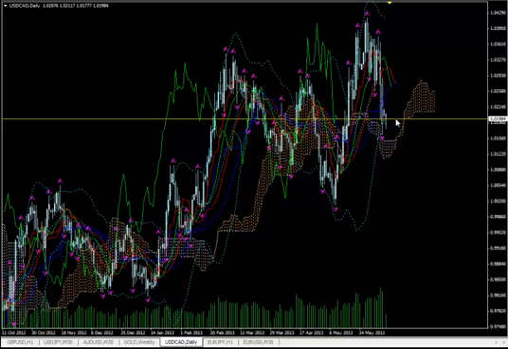Each pair has a certain, let's say, idiosyncrasy, and although it has a main trend, a main appetite, as we see on the daily chart by the overall picture of the Kumo, it's going higher. It makes higher highs and higher lows, which is the definition of an uptrend.